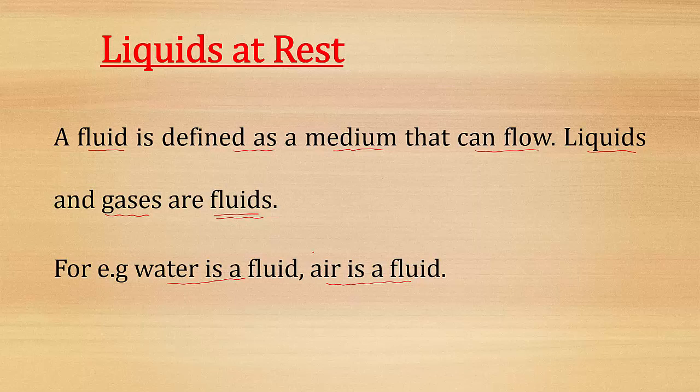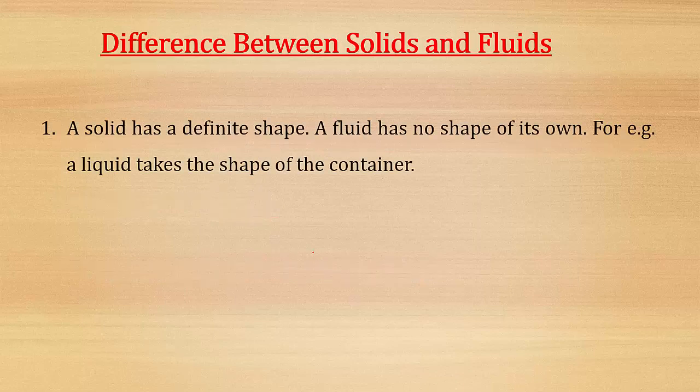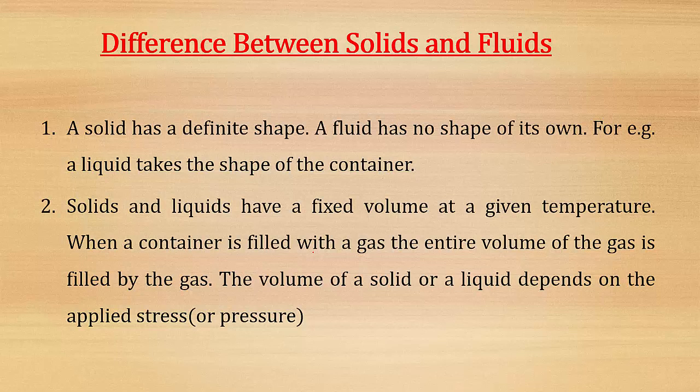So now we are concentrating only on liquids at rest, right? Before that, first we have to know the differences between solids and fluid. What are the differences between solid, liquid and gas? Simply we can say solid and fluid, because fluid means both liquid and gases. A solid has definite shape.